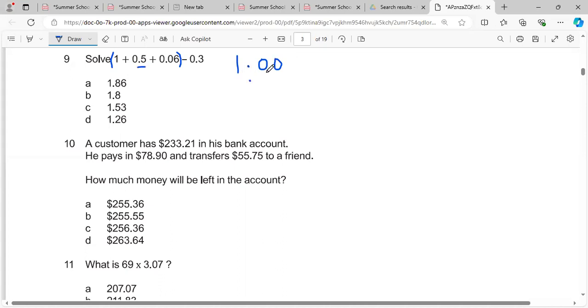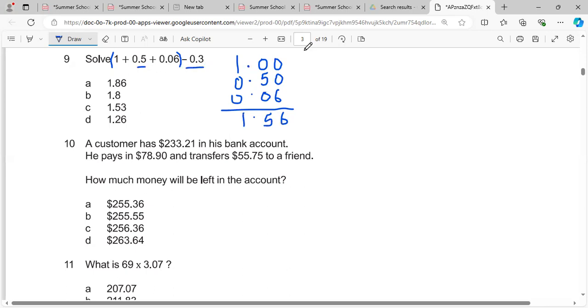So you can literally put in a decimal point first and then put in the others. This is 0.06, so put a decimal point, and then the digits come here. And then add, right? 6 plus 0, 6. 5 plus 0, 5. So this gives you 1.56.